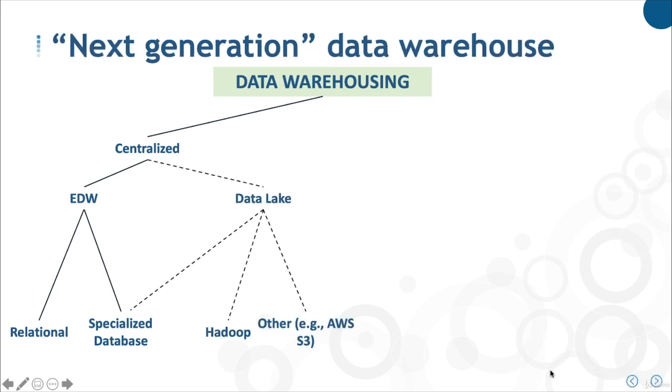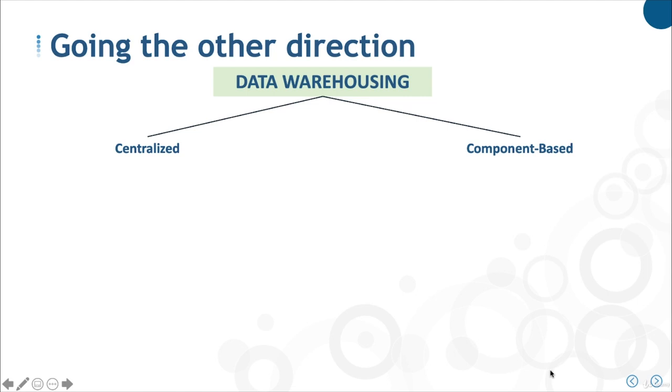Conversely, on the data lake side, those specialized databases also fit into the data lake picture as well. Then you have other platforms that we can use, such as Hadoop or AWS S3 buckets or equivalent low-level storage technology.